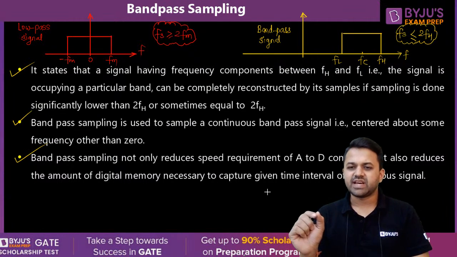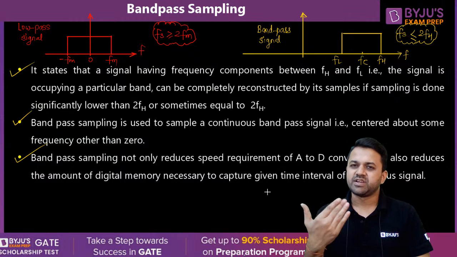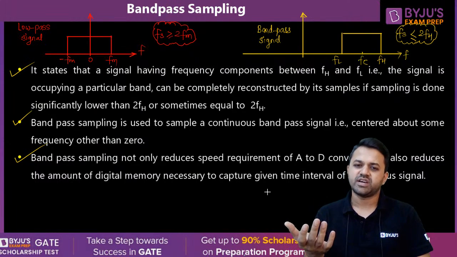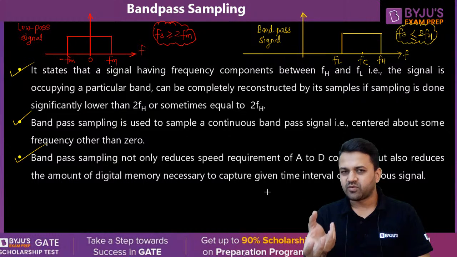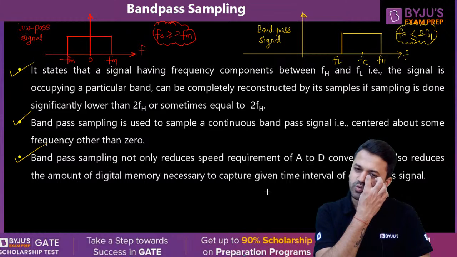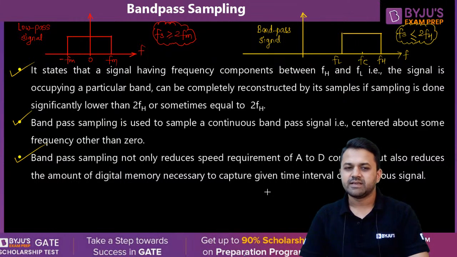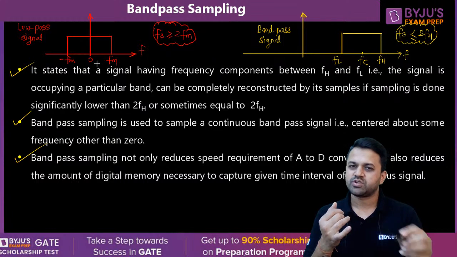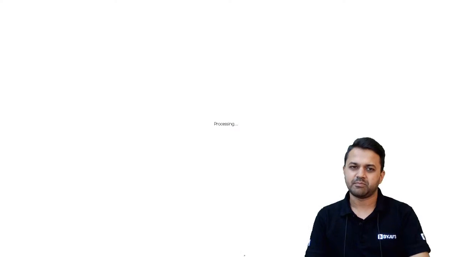So the speed reduces, and the memory requirement also reduces in the case of bandpass sampling.